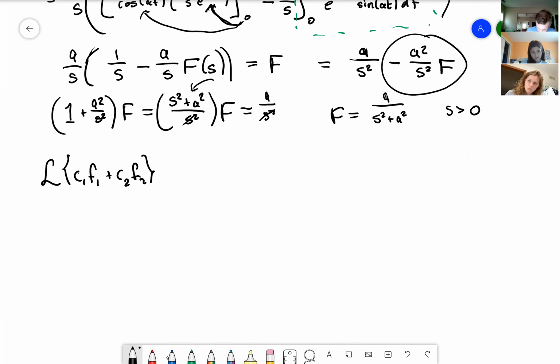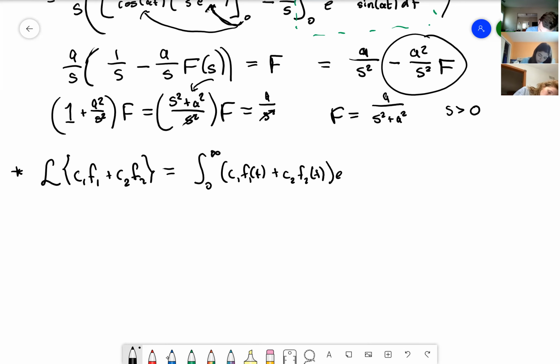Now let's look at what happens if we look at the Laplace transform of the linear combination of two functions. Well, this is equal to the integral from 0 to infinity of C1 F1 of t plus C2 F2 of t, all of this times e to the minus st dt.